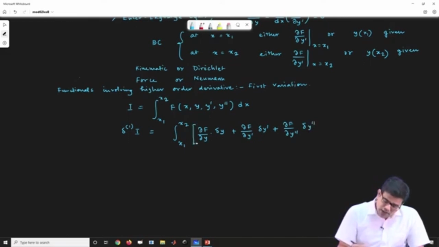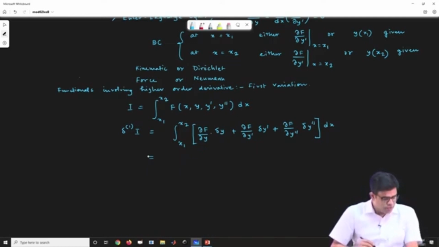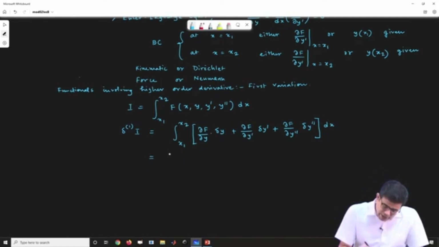The first two terms we already know from the previous case where only the first derivative is given, so I will write those directly and then accumulate the extra term.